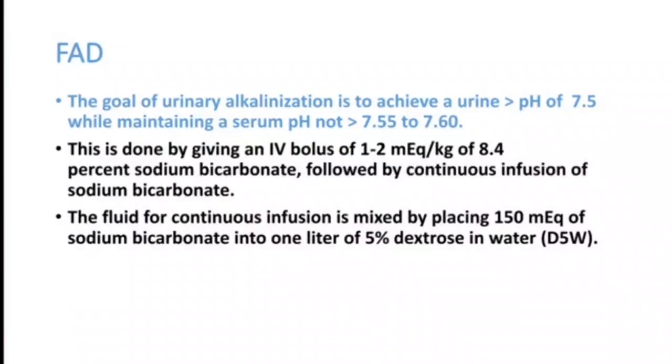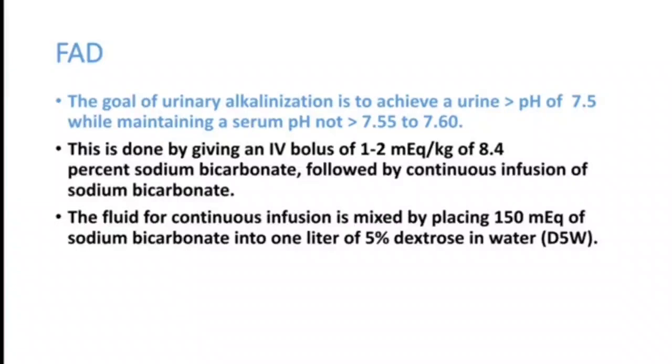The goal of urinary alkalinization is to achieve a urine pH more than 7.5 while maintaining serum pH not more than 7.55. We should not keep the serum pH very high. So increase the serum pH so that you can increase the urine pH. We need a goal of more than 7.5 in both urine and serum.